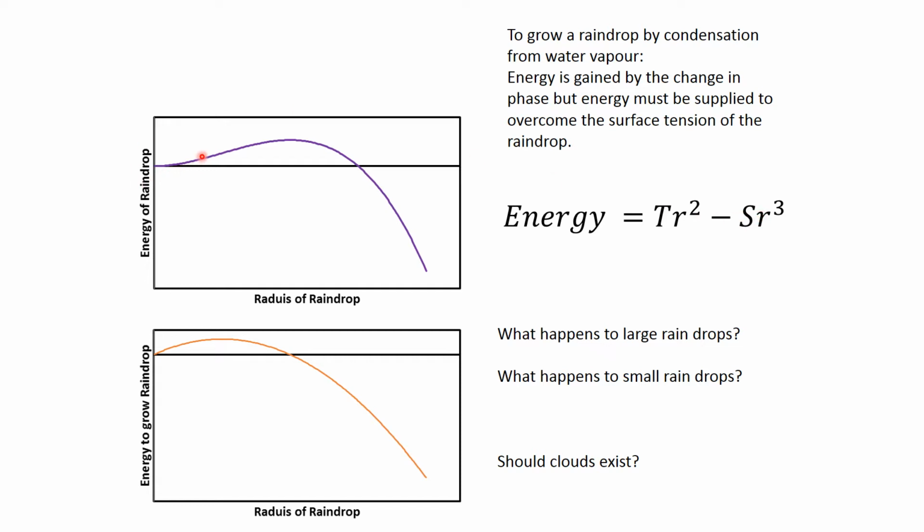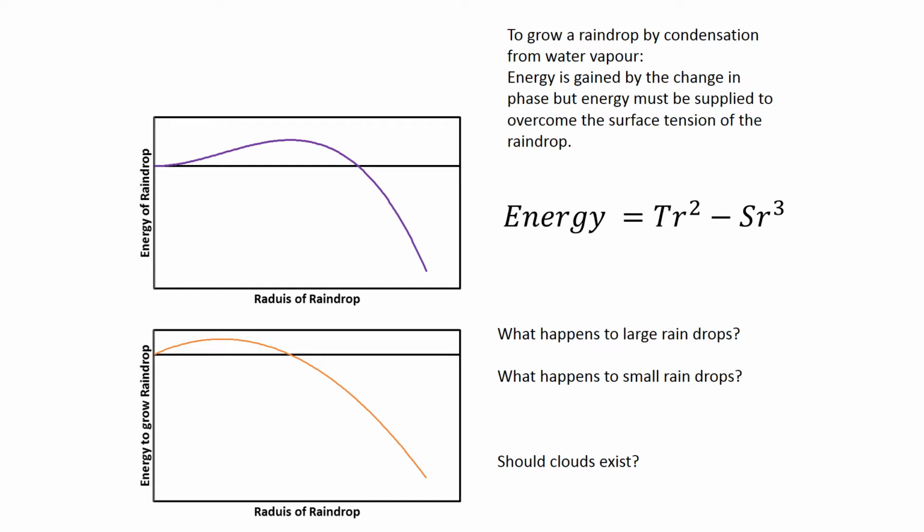So we have to put energy into the system. But as the droplet gets past some certain size, then if we increase the raindrop size, this term starts to beat this term. Now the exact point depends on those constants of how much energy per surface area, or what is the enthalpy, the amount of energy we get from condensation.